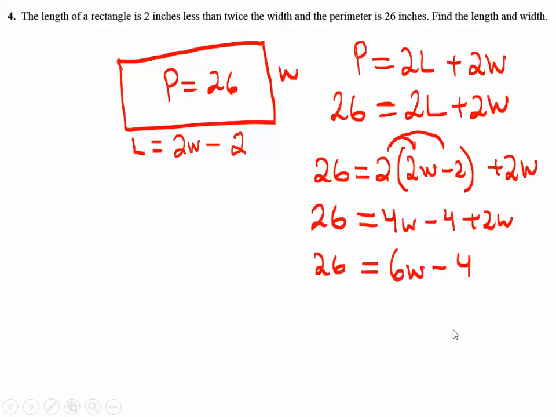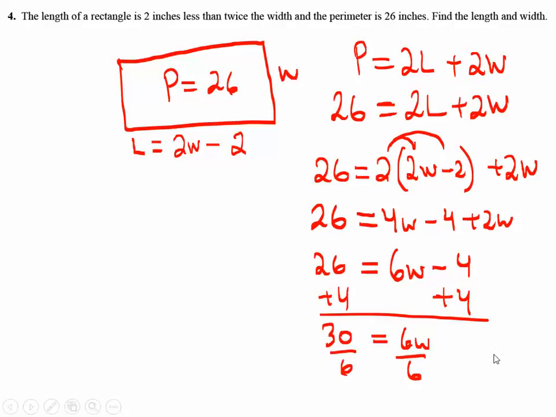Alright, distributing the 2 here, hopefully you did that, and hopefully got to 6W minus 4. As you combine the W's, adding 4 to both sides gets you that 30. Divide by 6 gets you W equal to 5, or 5 equals W. Alright, so now if W is equal to 5, you guys tell me what would be the length then? 5.